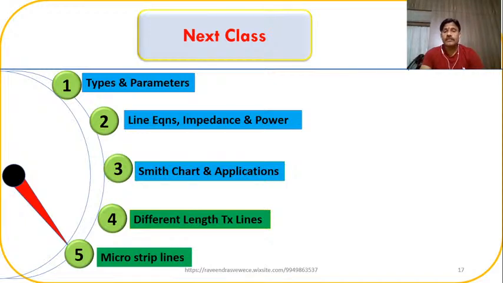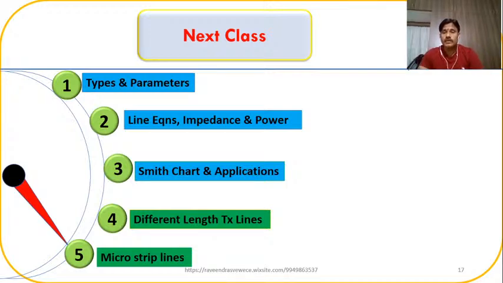For example, if the length of the transmission line is lambda by 2, half wavelength, then how will the various characteristics be? How will the characteristic impedance Z0, input impedance Zin, reflection coefficient gamma L, and standing wave ratio S be? All these parameters, how they depend upon the length.